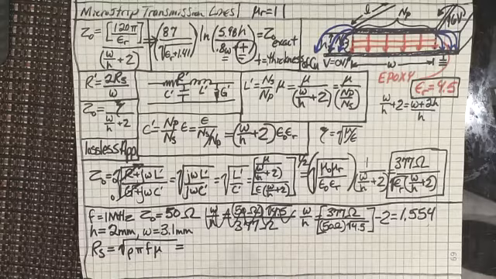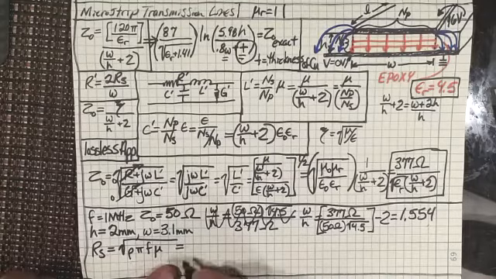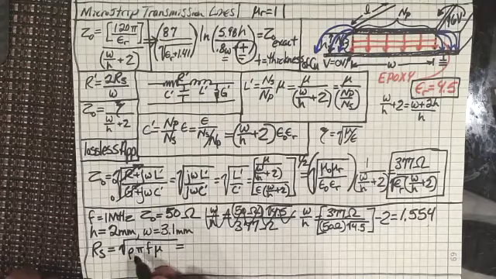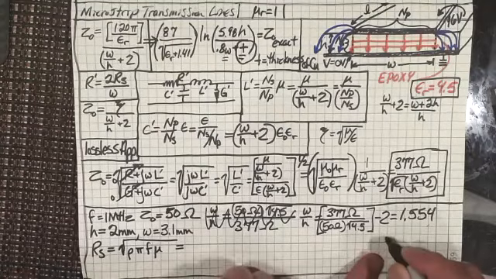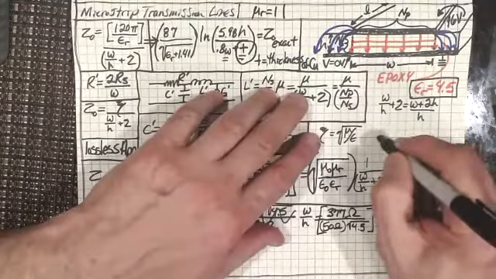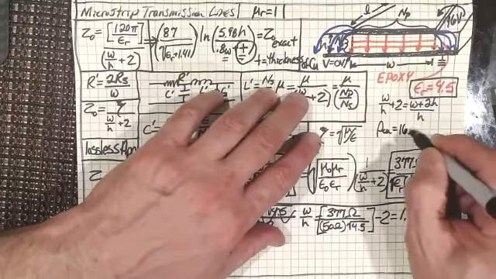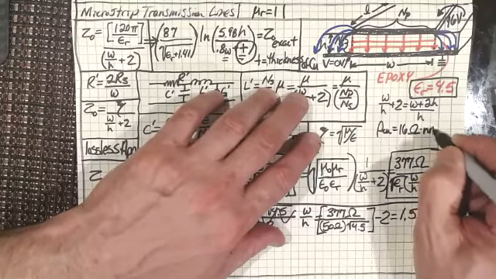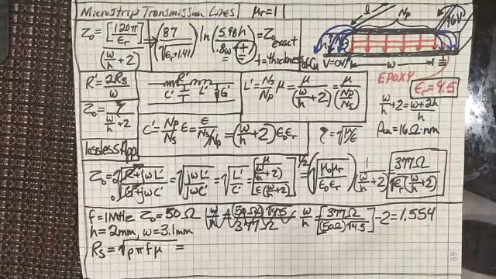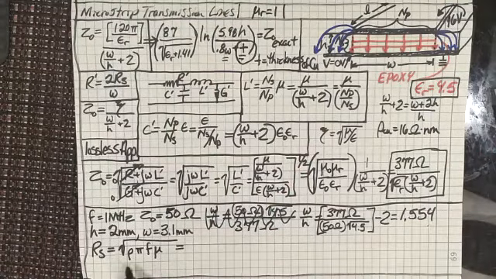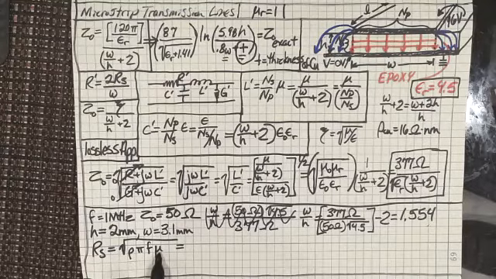And so when you do that and you multiply it all out, of course the resistivity of copper, let's just write that down someplace. The resistivity of copper is equal to 16 ohm nanometers, or 16 times 10 to the minus 9 ohm meters, which is what you want to put in there. And then f is just going to be 1 megahertz, 4 pi times 10 to the minus 7.